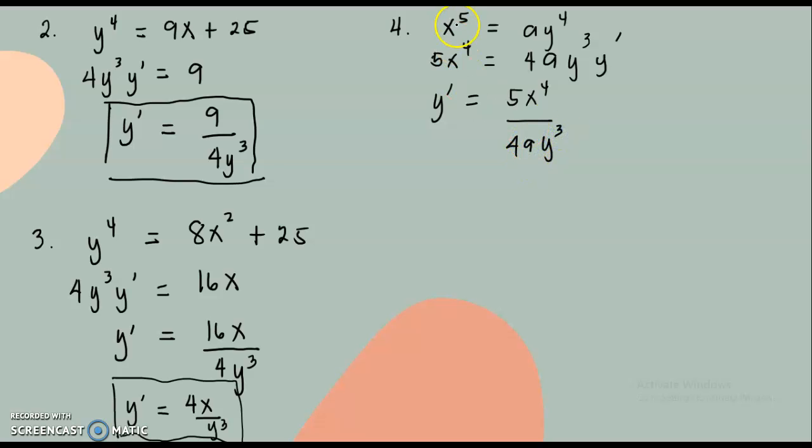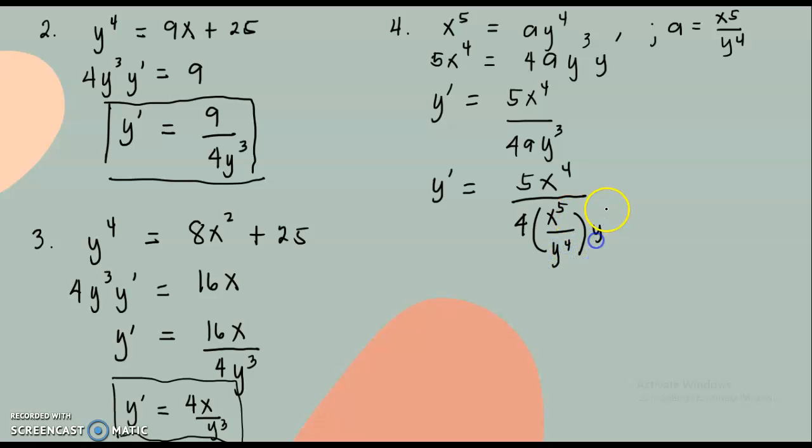But remember, from the given equation of x to the fifth equal to ay to the fourth, our a is equal to x to the fifth over y to the fourth. Then substitute your a with x to the fifth over y to the fourth power. y prime is equal to 5x to the fourth over 4 times x to the fifth over y to the fourth, times y cubed.